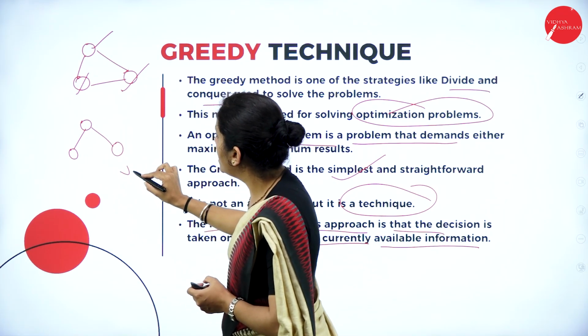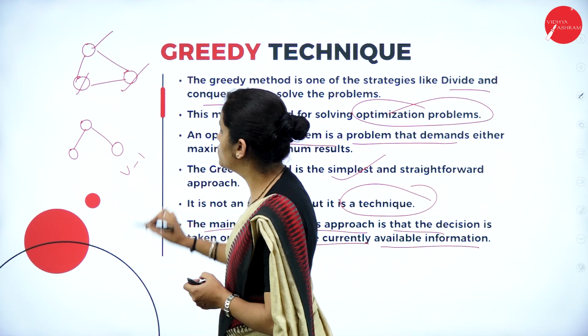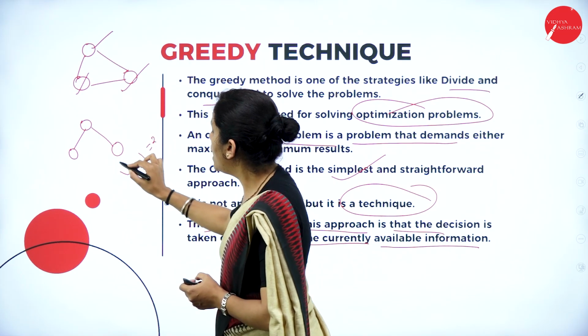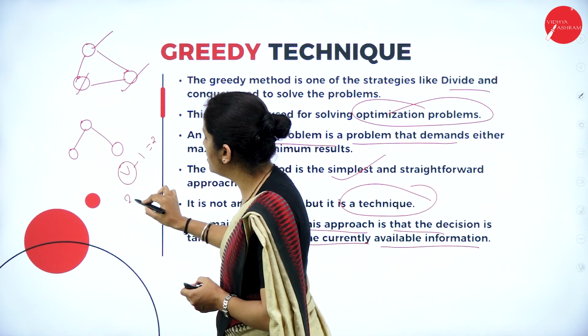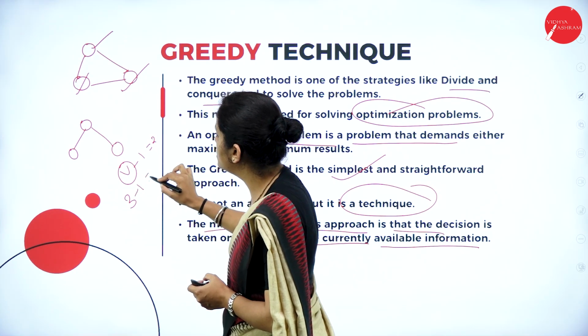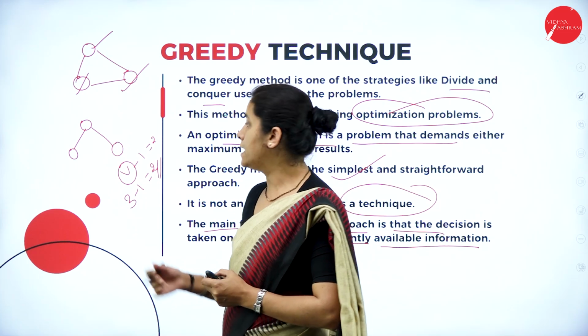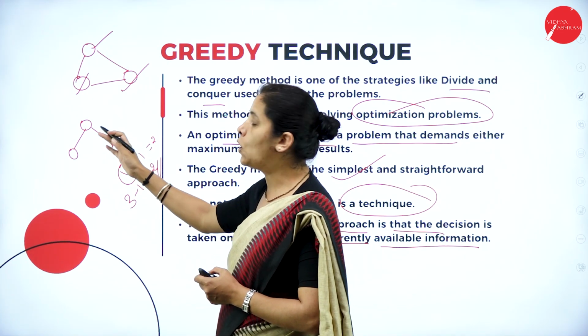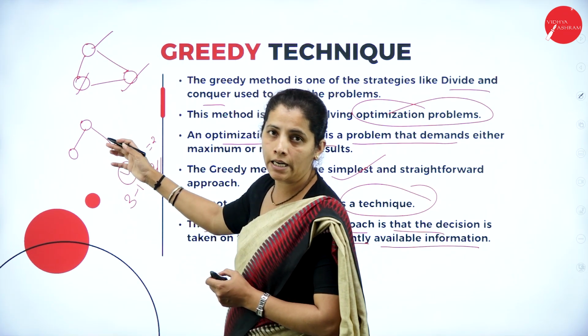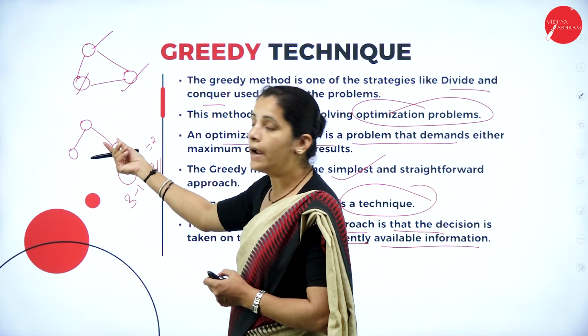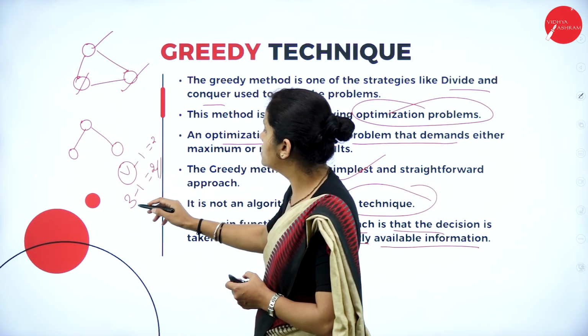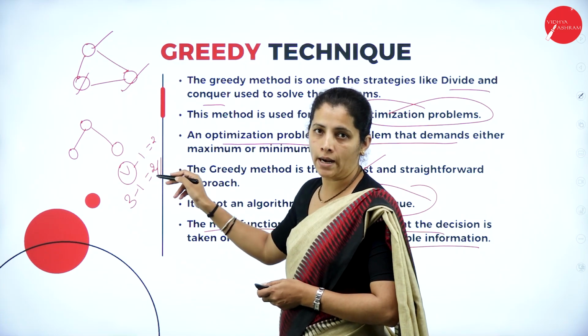Then the number of edges must be V minus 1. How many vertices do I have? I have 3 vertices. 3 minus 1, it is 2. So the spanning tree must satisfy the property that all the vertices must be connected and the number of edges is V minus 1.